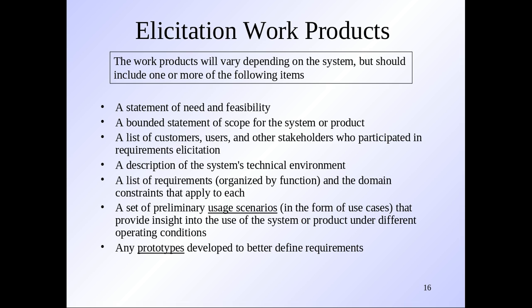A description of the system's technical environment, and a list of requirements and domain constraints that apply to each. A set of preliminary usage scenarios that provide insight into the system or product under different operations. We must also develop our own prototype to better define the requirements. Prototype means the basic idea of your basic solution for your particular product.